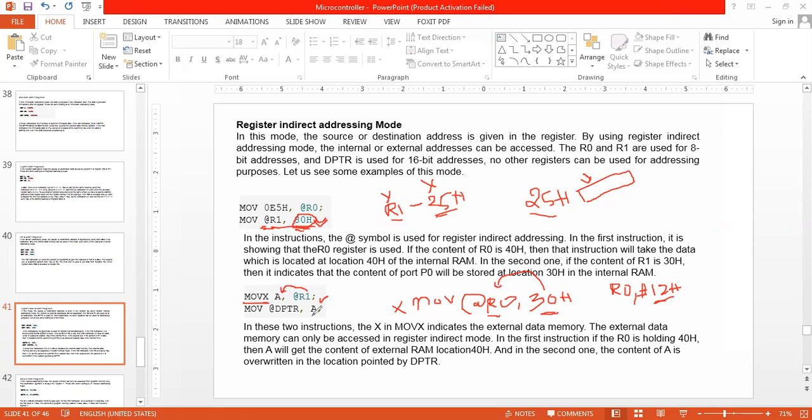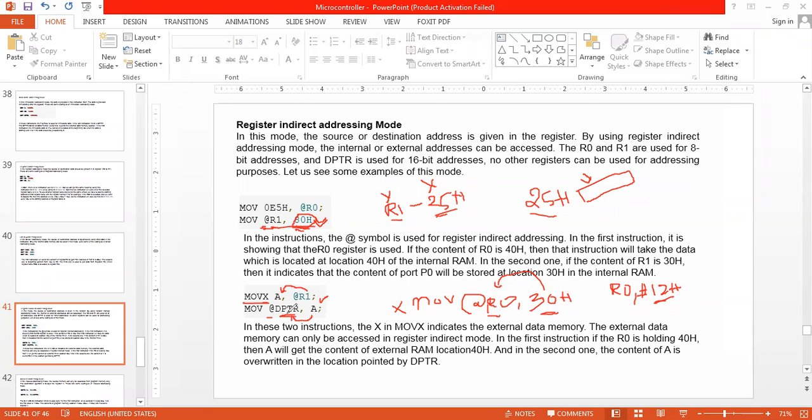And here also the value of A is going to be written inside the memory location where DPTR is pointing. I'm not writing into the DPTR, but I'm writing where the DPTR is pointing. That is because of this at. So the data which is present inside the DPTR is not considered as data, but it is considered as a memory location address.